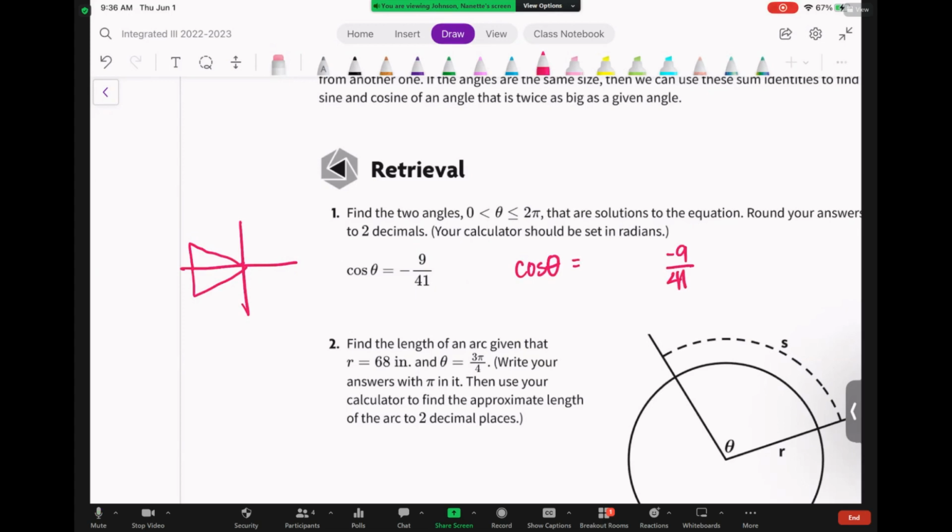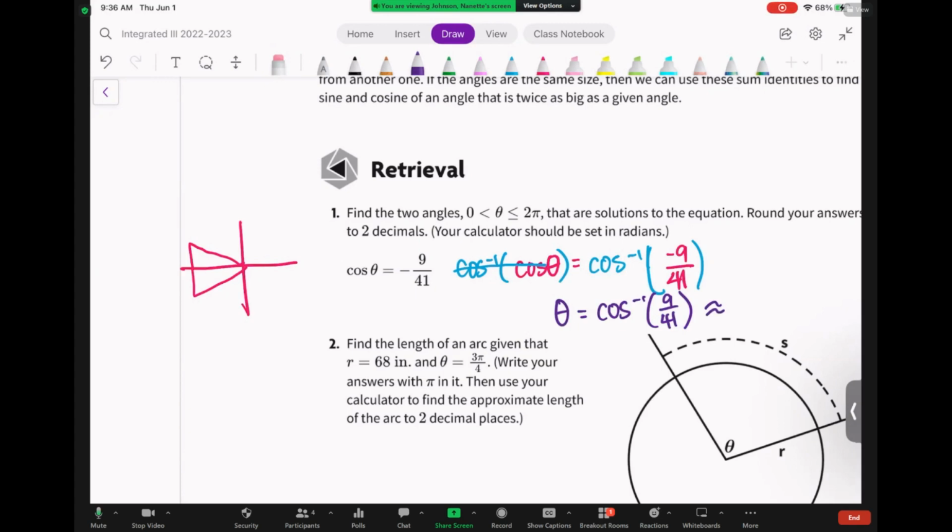Cosine inverse needs something to the right of him to take the inverse of. Cosine inverse and cosine undo each other, so I'm left with theta equals cosine inverse of negative 9 over 41, and that's what I bring to my calculator.